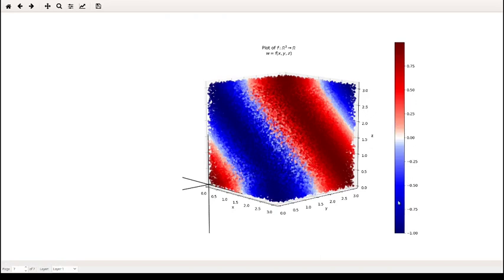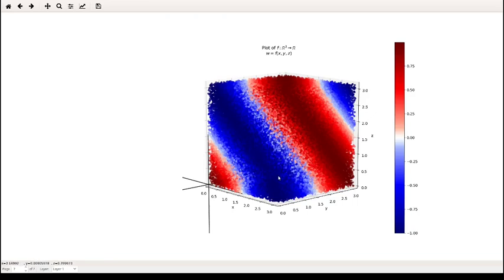So the value of the cosine function is indicated by color at every point, where dark red is 1, dark blue is -1, and the range of values in between are the range of values of that function. So you see very clearly that it starts here at the origin at 1. Then as you move away from the origin, the function gets closer and closer to -1.